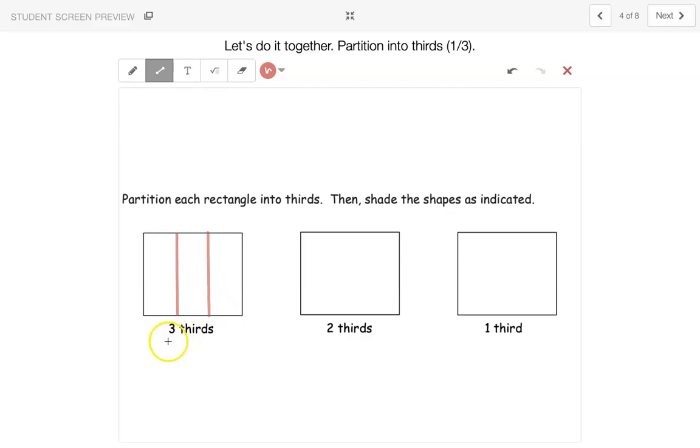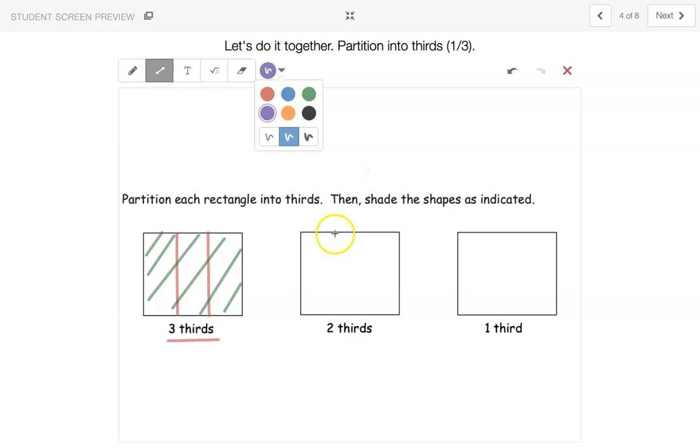And it's telling me that I should shade 3/3, so I have to pretty much shade the whole thing. So let's do that because it wants me to take all 3 of these and shade them. So 3/3 is the whole rectangle.